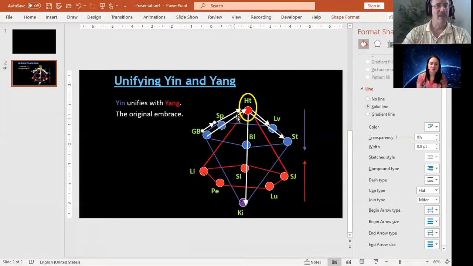And then that will have an effect on the heart, because then the spleen will not support the heart well enough. The spleen is having to deal with all this gallbladder energy coming in, and it can't balance out the heart because it has too much gallbladder that it's trying to absorb.